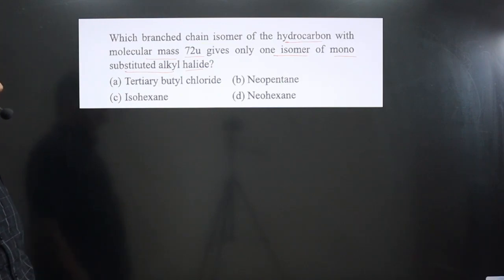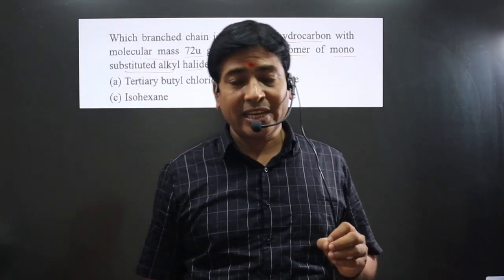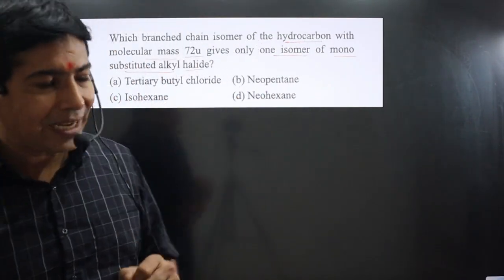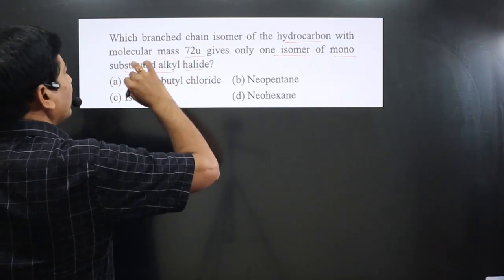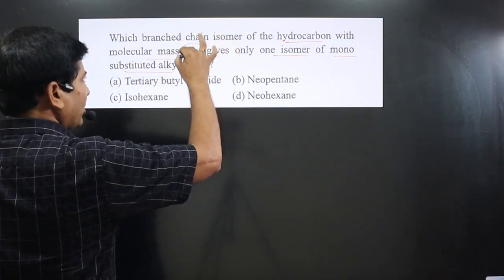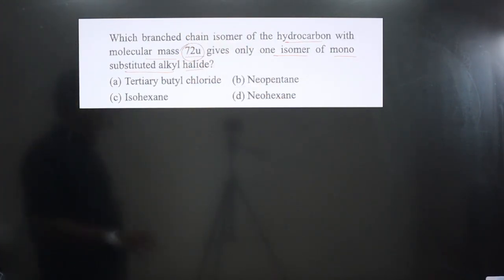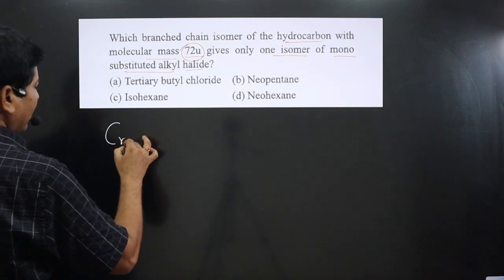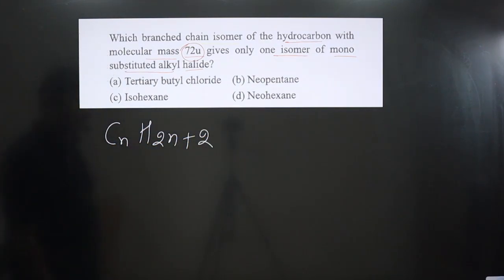In general, we have learned that when a saturated hydrocarbon undergoes halogenation, it produces an alkyl halide. The molecular mass of the saturated hydrocarbon is 72 unit mass, and the general formula for a saturated hydrocarbon is CnH2n+2.